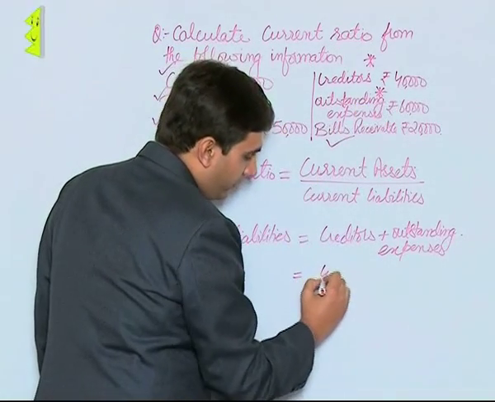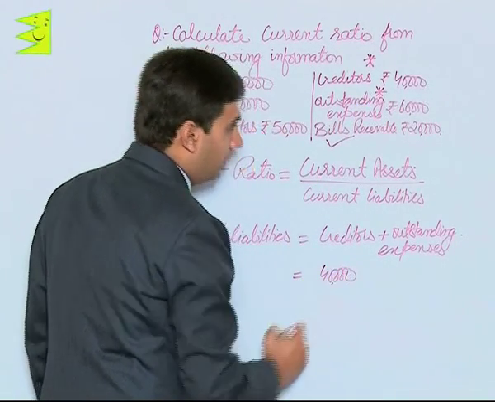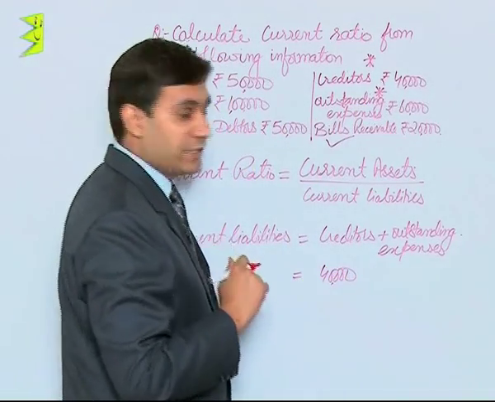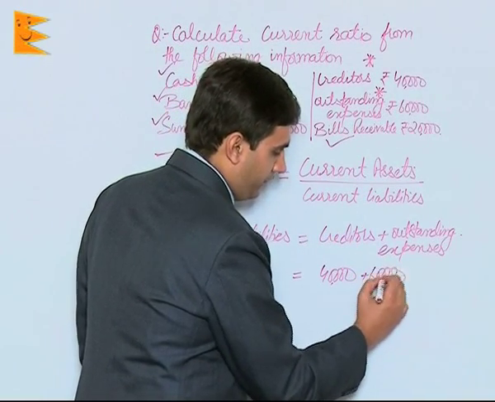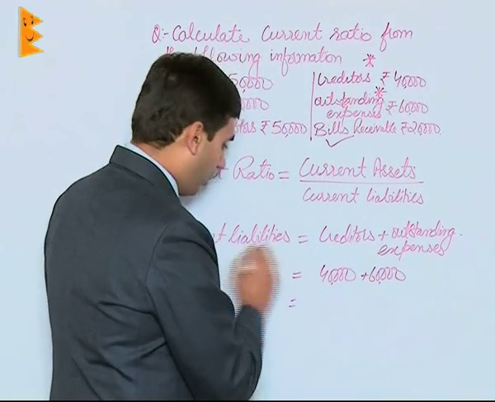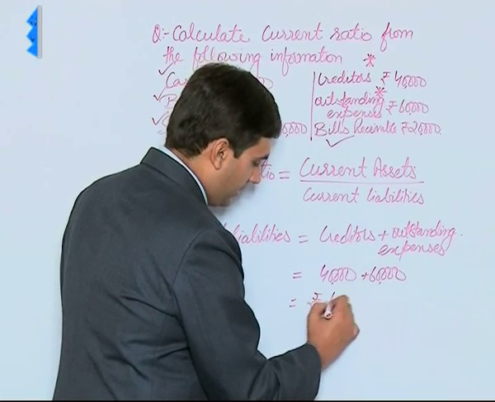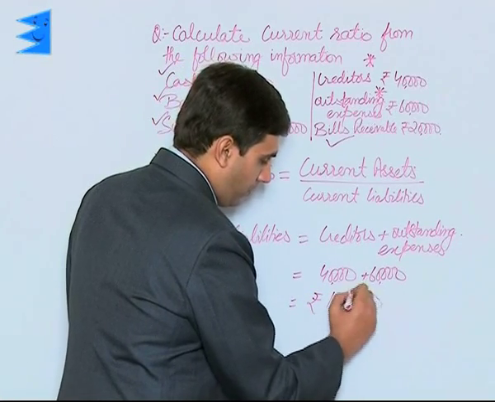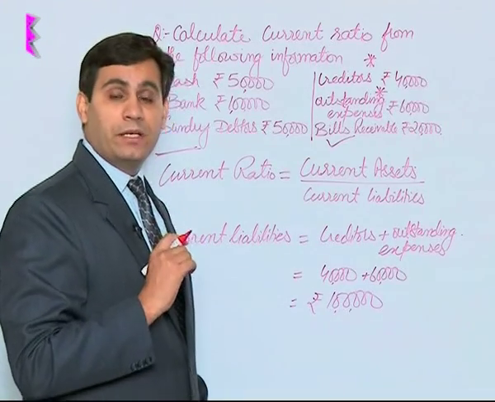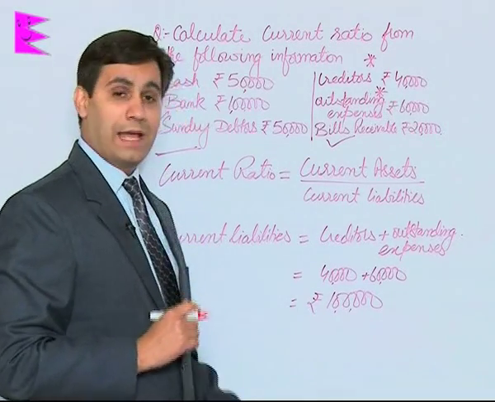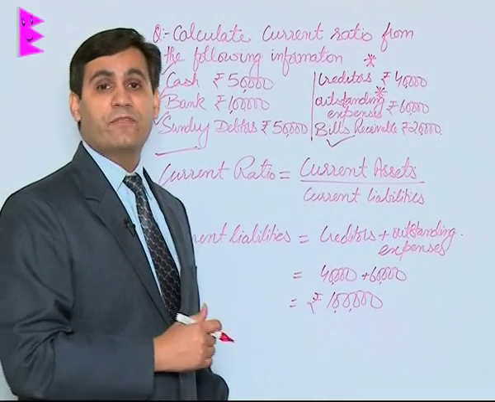Creditors are given to be worth rupees 40,000 and outstanding expenses are given to be rupees 60,000. So students, total liabilities are equal to rupees 1 lakh.